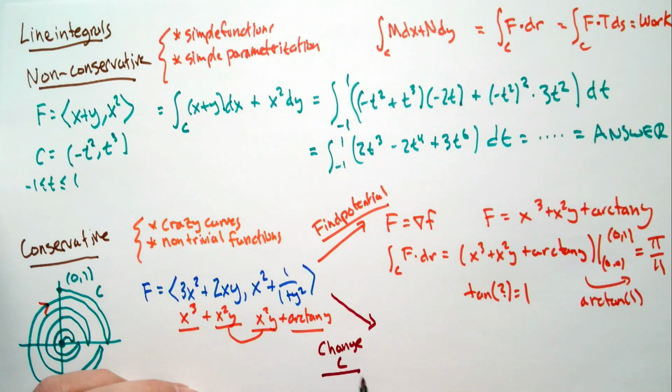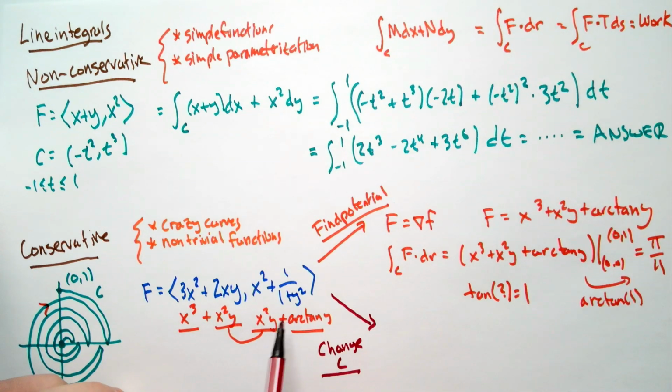Now, you might say, if I can't find the potential, how do I know if it's conservative? Well, this process was finding the potential. There's a process to test if it's conservative, which is you look at m sub y and n sub x and compare. When you take the derivative of the first term with respect to y, what do you get? 2x.